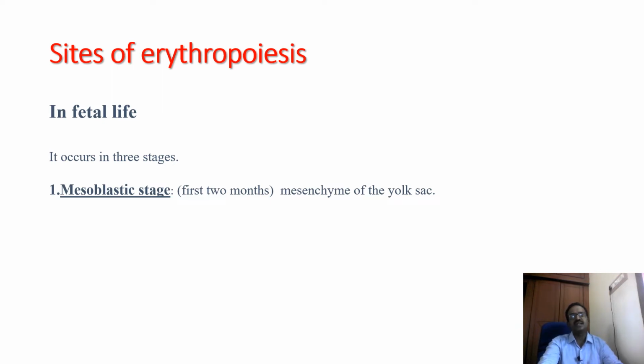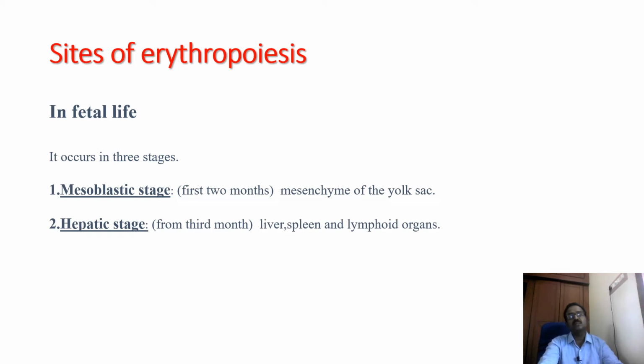The red cells are produced from the mesenchyme of the yolk sac. From the 3rd month of fetal life, red cells are produced from the liver, spleen and lymphoid organs. This stage is called the hepatic stage.